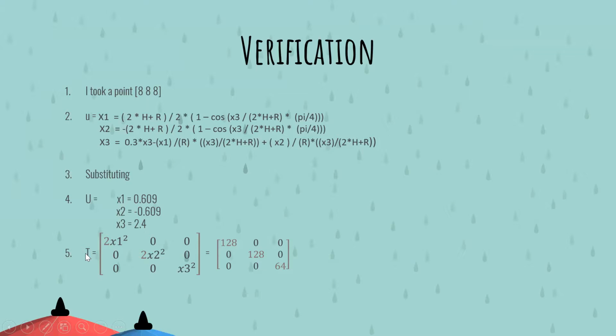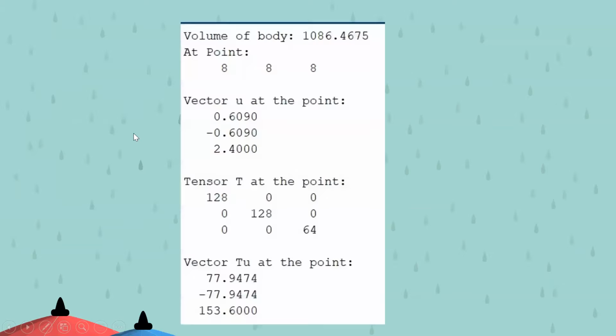And T is equal to 2x1 square, 2x2 square, and x3. With 8, 8, and 8, I got 128, 128, and 64. Multiplying T with u, I get TU as 77.94, minus 77.94, and 153.6.